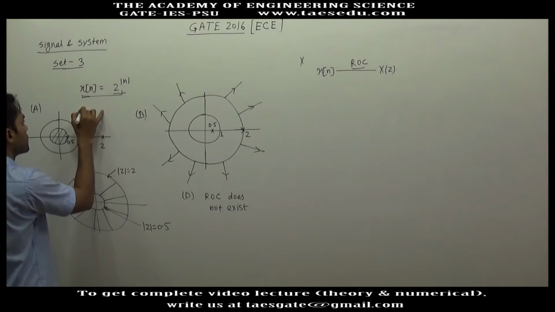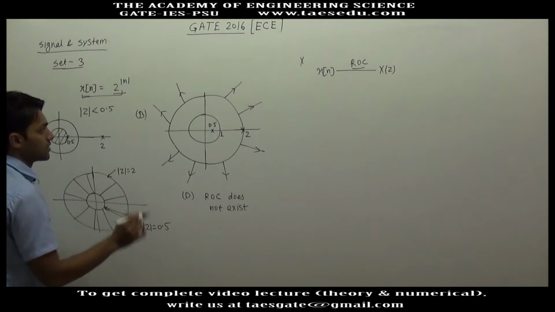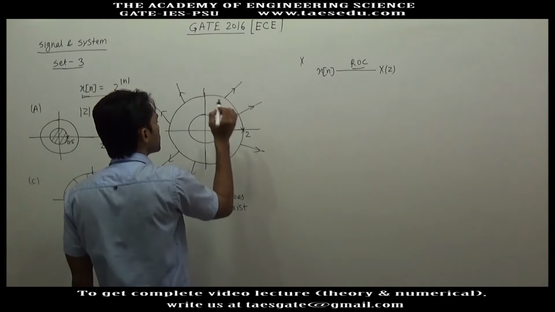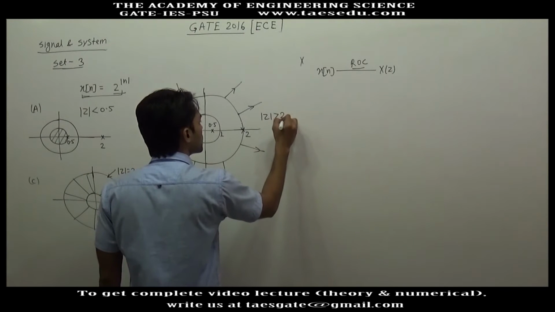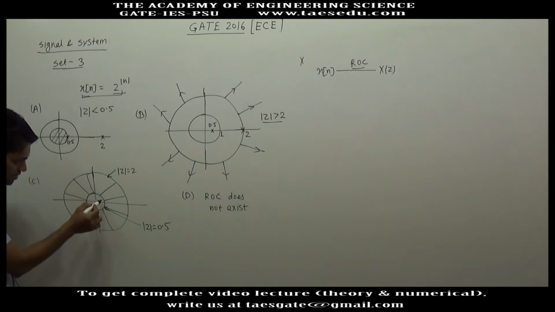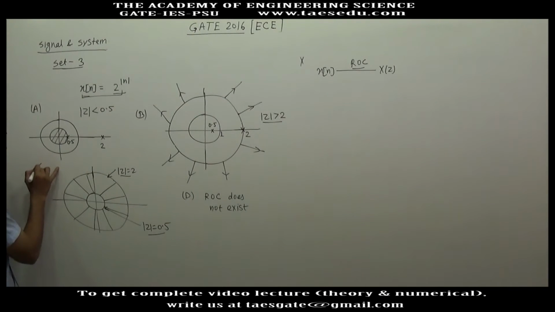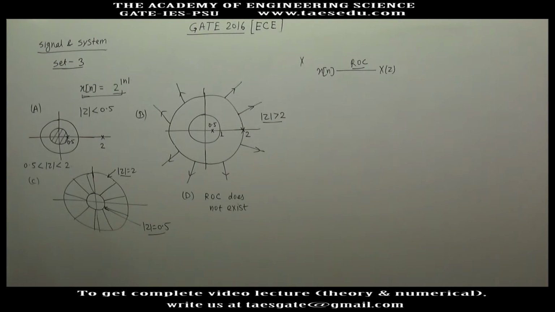So in equation form, mod z less than 0.5. Here the region of convergence is mod z equal to 2, mod z must be greater than 2. Here the region of convergence is between mod z equal to 0.5 and mod z equal to 2, so mod z has to be greater than 0.5 and less than 2. And option D says the ROC will not exist for this type of signal.